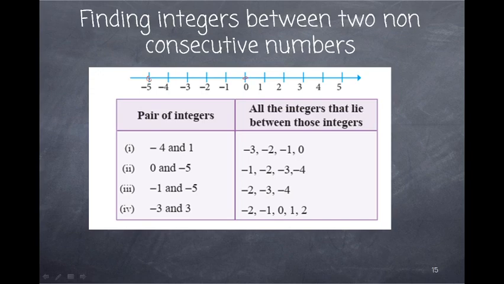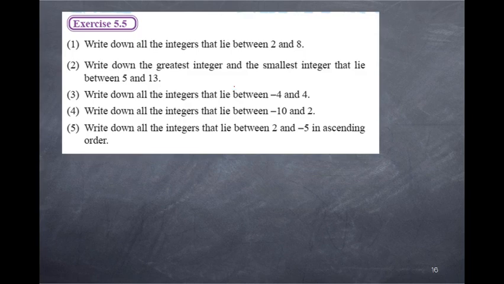And what are the numbers in between? -4, -3, -2, -1. Likewise, you can easily find out the numbers in between by marking the numbers on the number line. And there is another example. There is another exercise that you can do.